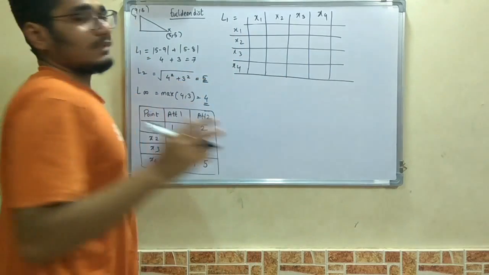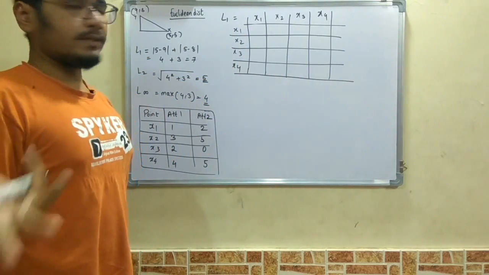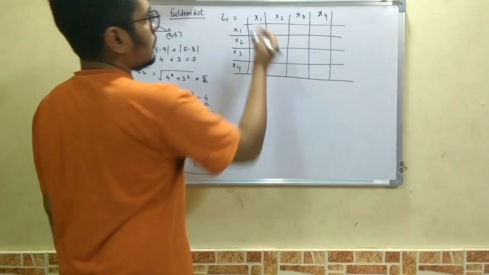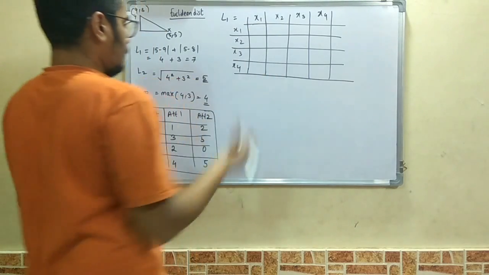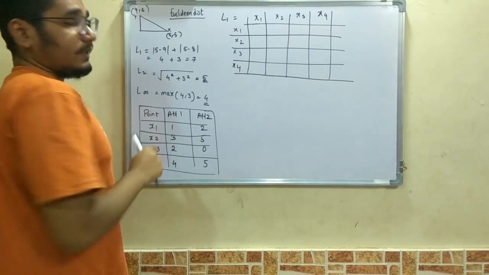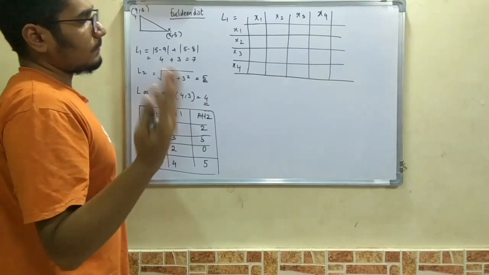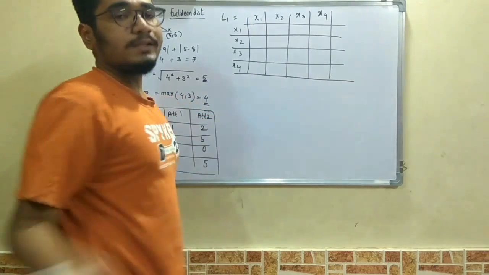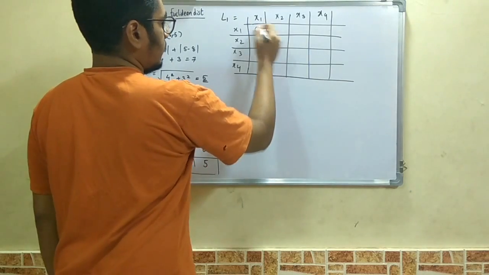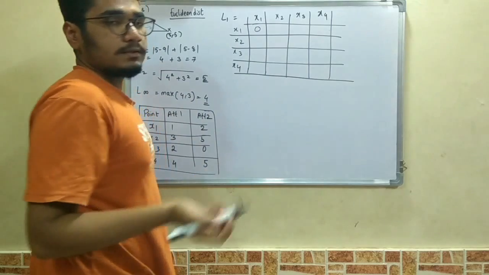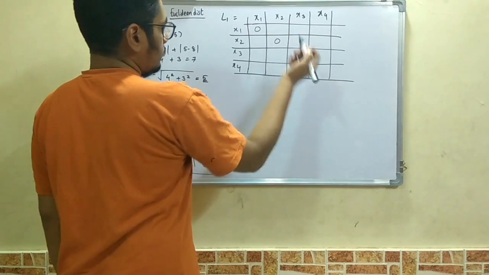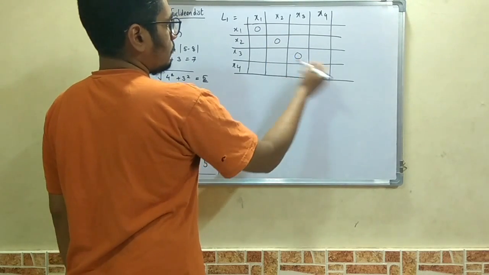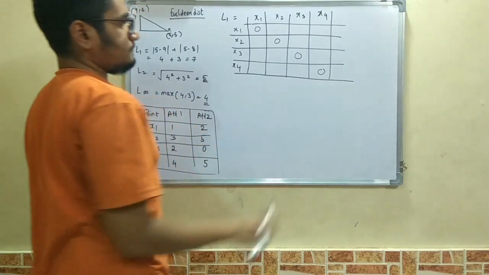Okay, so the distance between the same point is 0, as you can see: the differences between 1, 1, 3, 3, 2, 2 and 4, 4 will all be 0. So all the diagonals will be 0, that is x1 minus x1 is 0, and so on.